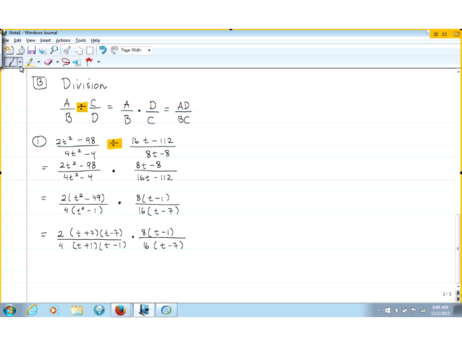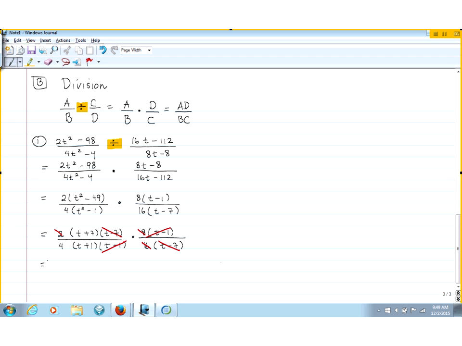Now, can we cross cancel common factors? P minus 7? Okay. P minus 1. Okay. So 2 times 8 here will cancel with 16, right? So this is 2 times 8. They cancel with 16. Alright.